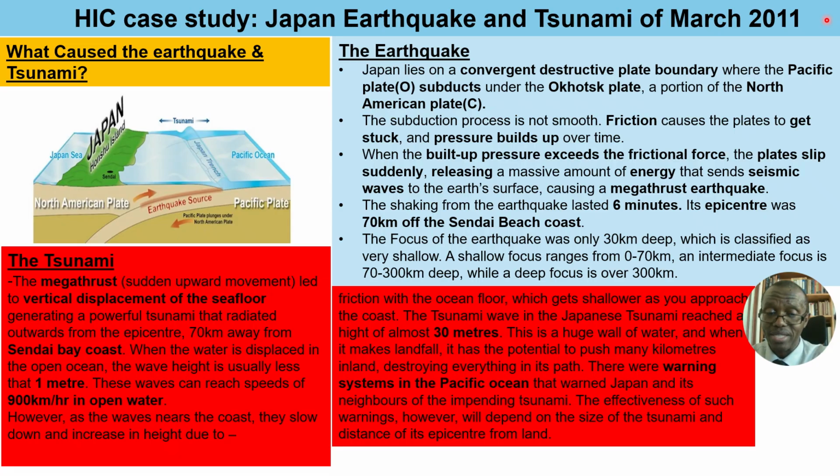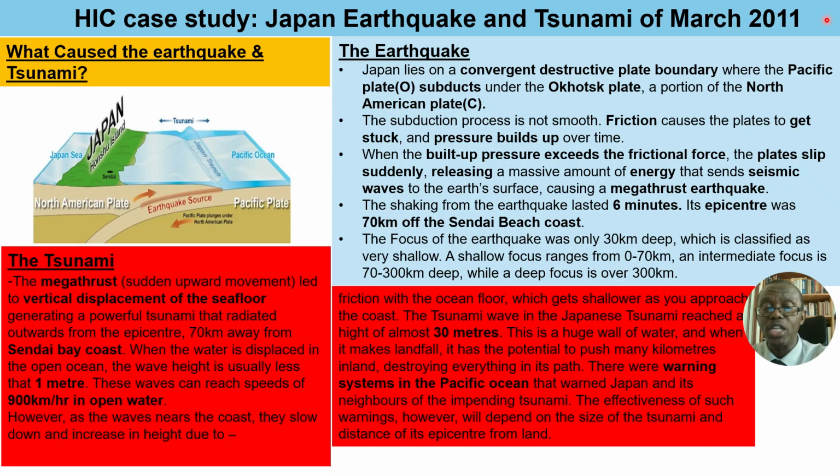There were warnings in the Pacific Ocean that warned Japan and its neighbors of the impending tsunami. Now, of course, the effectiveness of such warnings will depend on the size of the tsunami and the distance of its epicenter from the land. In this particular case, the size of the tsunami was quite large, a 30-meter high tsunami, traveling in open water at speeds in excess of 900 kilometers an hour.